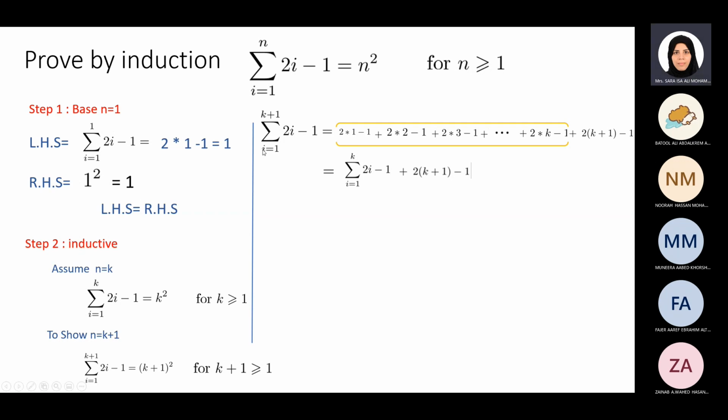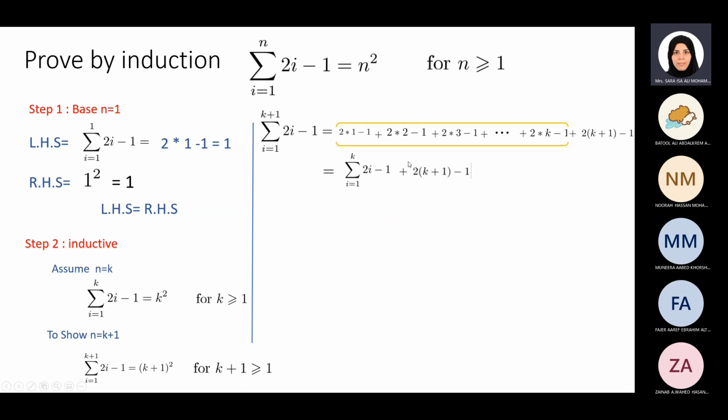So the summation from i equals 1 to k plus 1, this is my goal that I have to prove. It's equal to the summation from i equals 1 to k plus the substitution of k plus 1 here. I remove i and substitute k plus 1, so I get 2 times k plus 1 minus 1.